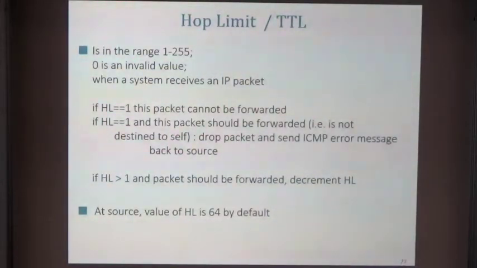This is the principle. At the source, when an IP packet is generated by a host, you can put any value you want. You can program with the socket interface to put any value you want. If you don't do anything special, there's a default value, which is currently 64.